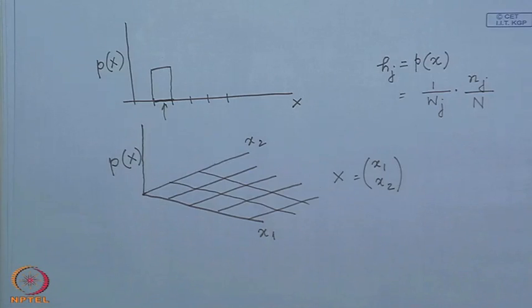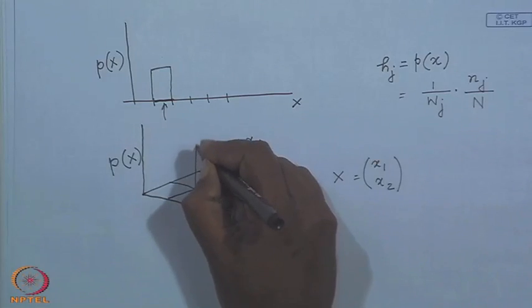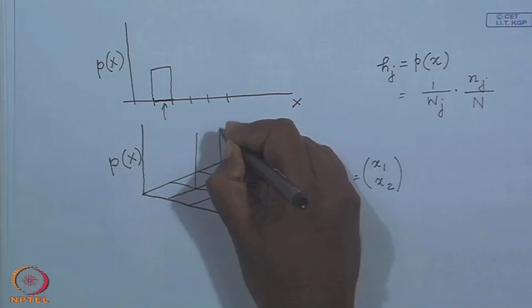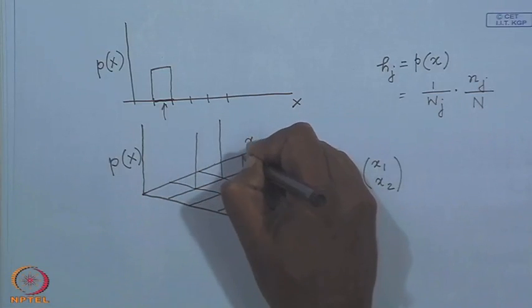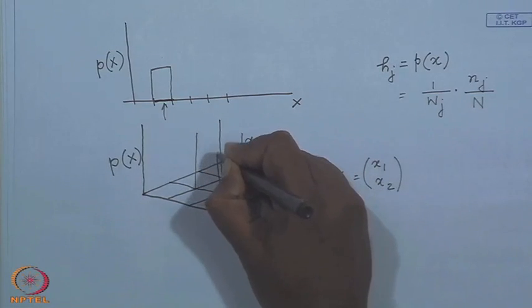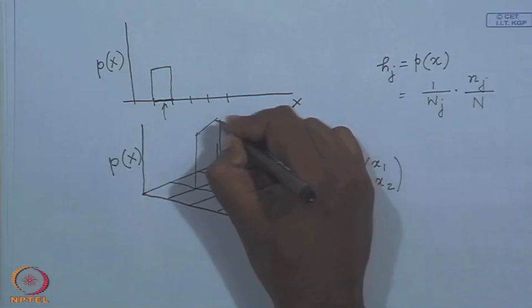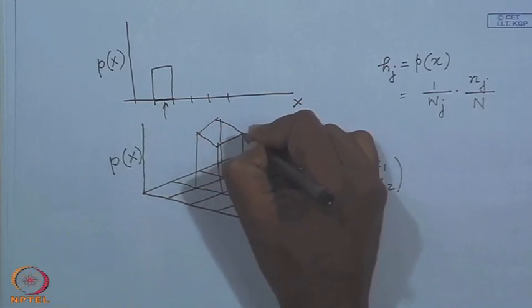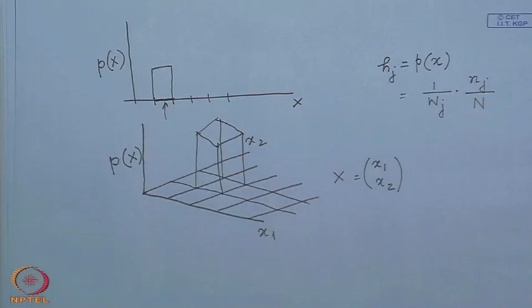where each of these bins is now a rectangle, and the probability density value over a bin will be represented by a bar something like this, where this bar will have a volume.